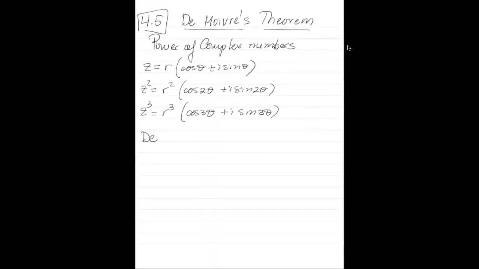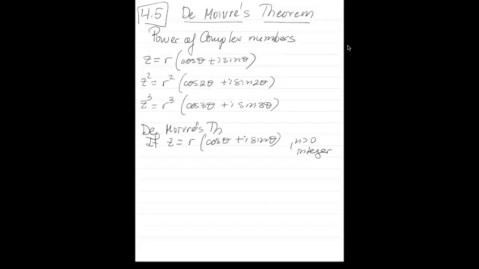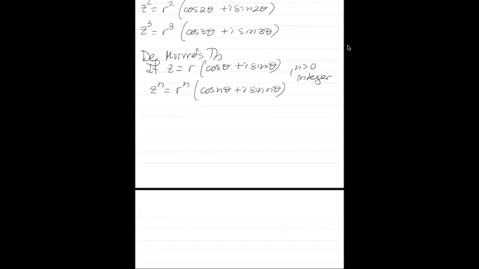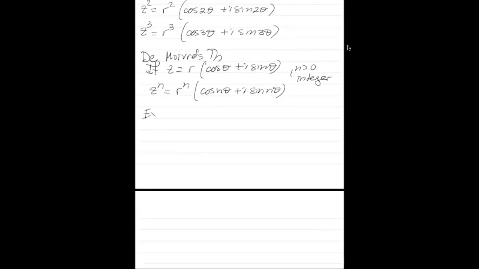And that actually is De Moivre's theorem, that if z is equal to r cosine theta plus i sine theta, and n is a positive integer, meaning 1, 2, 3, 4, 5, then z to the nth power is r to the n cosine n theta plus i sine n theta. This is a very quick and easy way to find powers of complex numbers as long as they're in trig form.